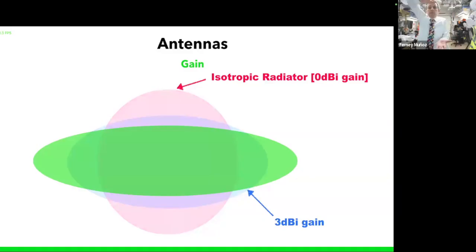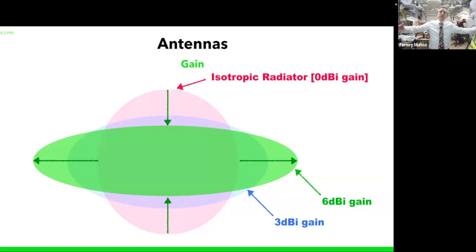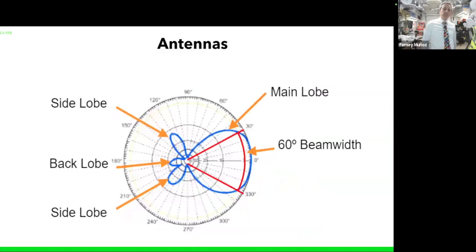If we increase the gain, if we squeeze that even more, then you have less coverage up and down, but it increases the coverage in that direction, so it increases the gain. So this is a higher gain antenna. You are not increasing power, you're just increasing the area where you are focusing this energy. That's what gain in antennas is.